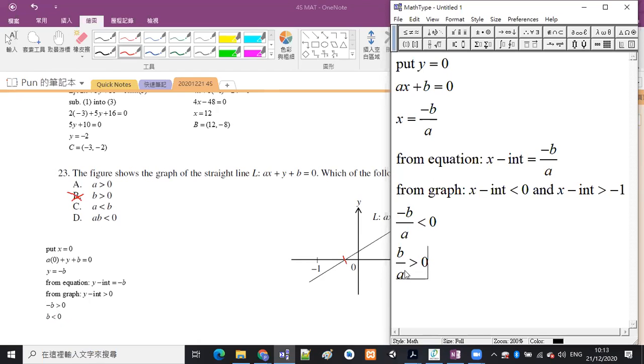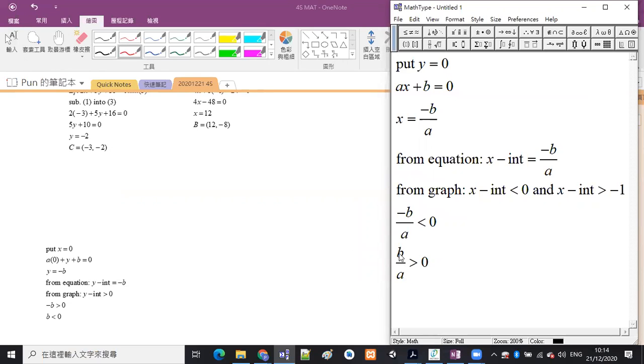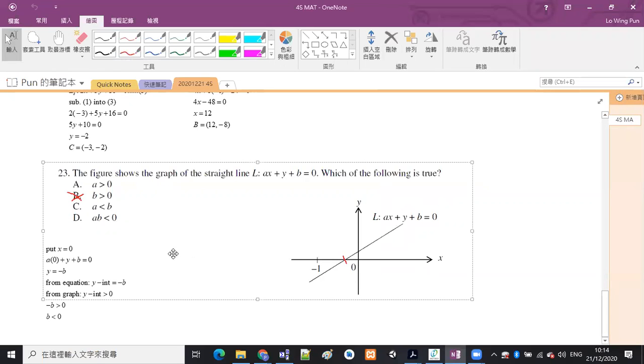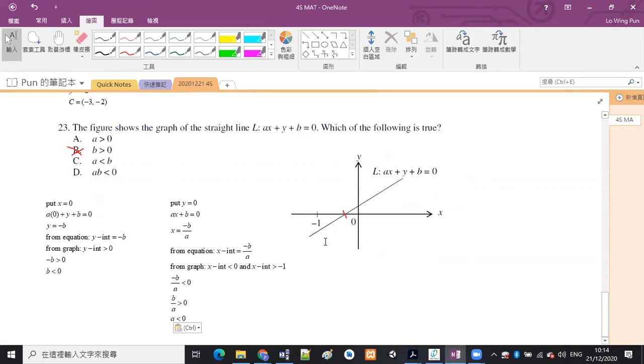So how should a be cooperating with such that the outcome of this fraction should be positive? 如果分數裏邊嘅分子係一個負數，咁我又要出嚟個結果個分數係一個正數嘅話咧，咁個分母要點樣配合咧？咁即係 A 本身咧，亦都要係 negative 啦。Can you get this? Okay, so A should be negative.